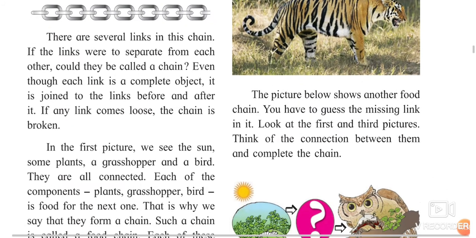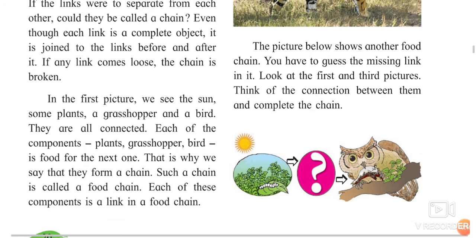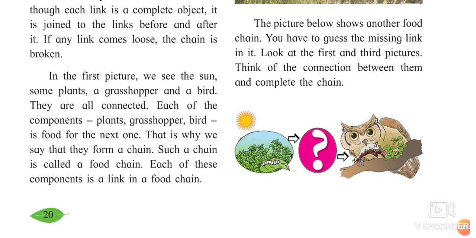So in this picture also, the first picture, we can see the sun, some plants, a grasshopper and a bird. All are connected. Each of these components, the plants, grasshopper, bird, is food for the next one. Okay, everyone is like food for another one present there, and such a chain, in which each of them is dependent for food on the previous one, is said to be the food chain.